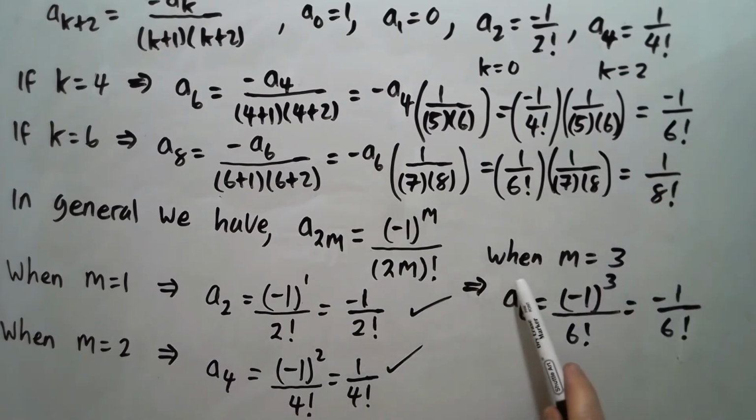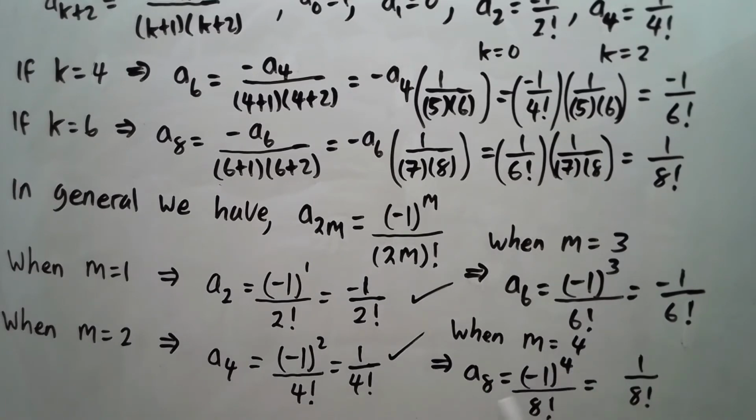And I guess we'll just do one more when m is 4. So when m is 4, we'll have 1 over 8 factorial, so you can see the formula works. Okay, I'm out of space. Let me erase a few things and we'll keep going.